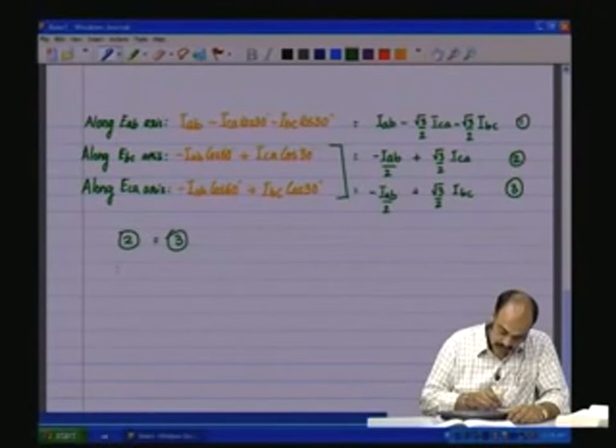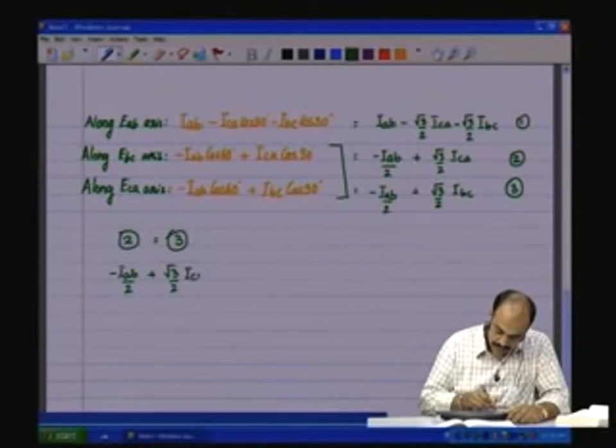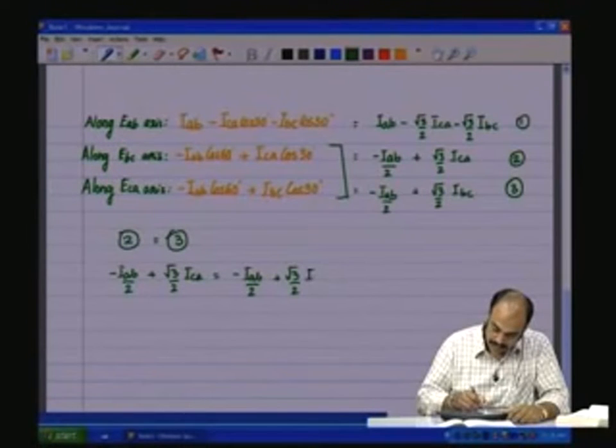This means we have minus I_AB by 2 plus root 3 by 2 I_CA should be equal to minus I_AB by 2 plus root 3 by 2 I_BC.